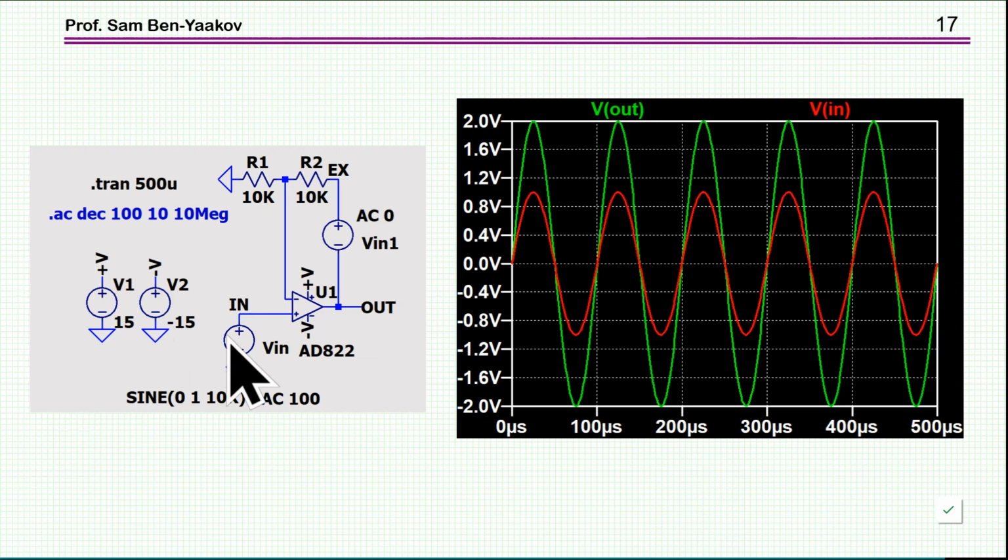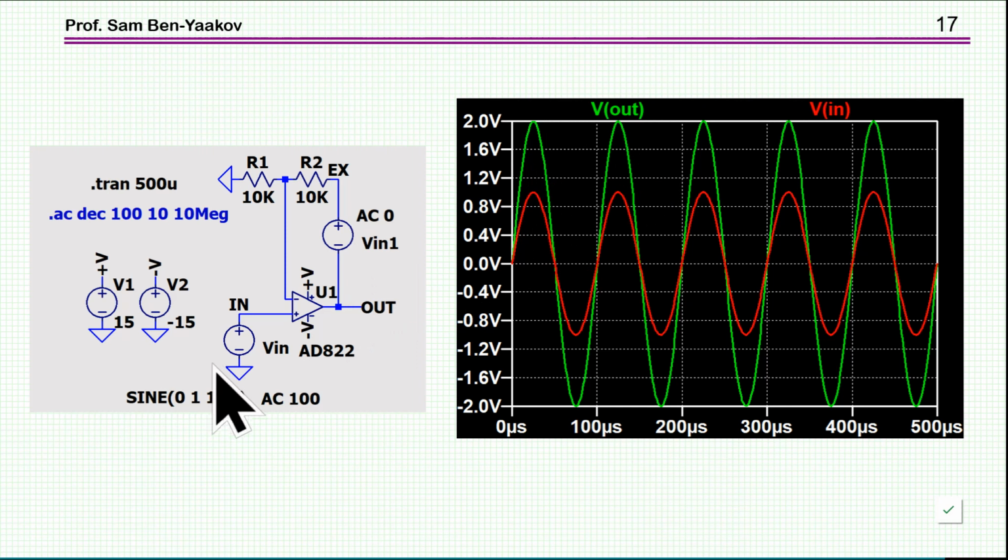I have here a source which is a time domain source, and I have the amplifier and a feedback. Forget about this for a minute. And of course, it's like a follower or times 2 non-inverting amplifier. It's a times 2. Now, I'm feeding here a sinusoidal waveform, and this is the red one, and the output will be twice, and here is the output, 2 volt, 1 volt input, 2 volt output, and this is the frequency.